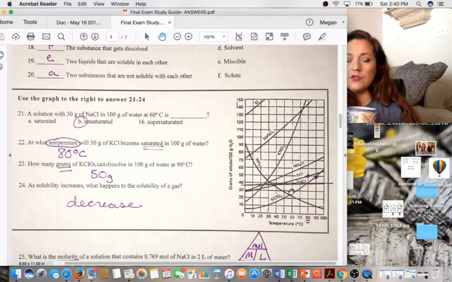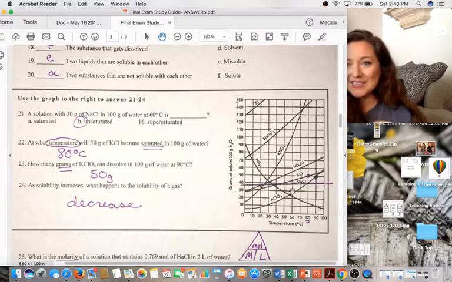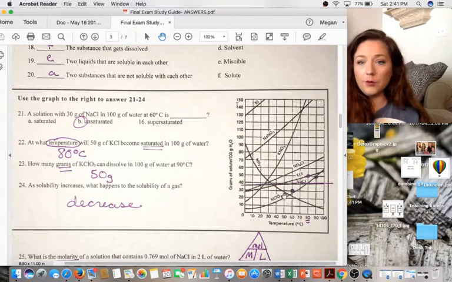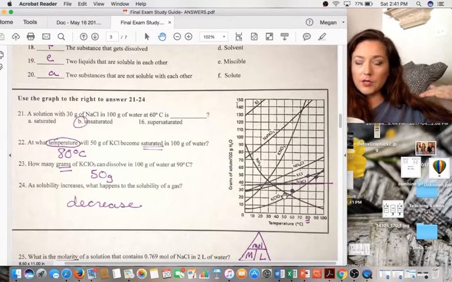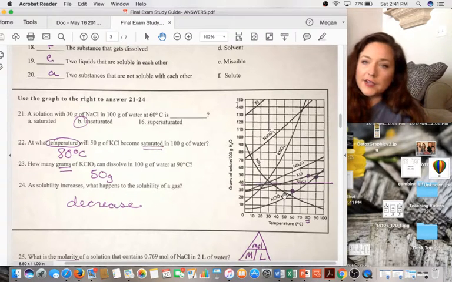Now, you're trying to compare him and see if he's saturated, unsaturated, supersaturated. And I don't know if it's easy to see, but right here is my purple line for sodium chloride. And I put a dot here. So because he is below the line, that is unsaturated.